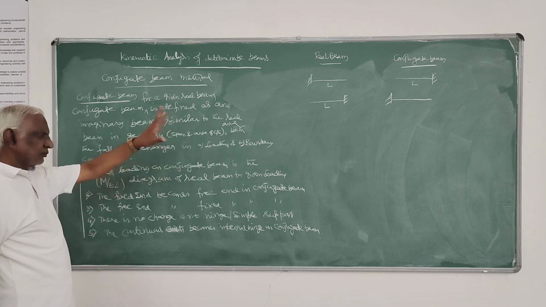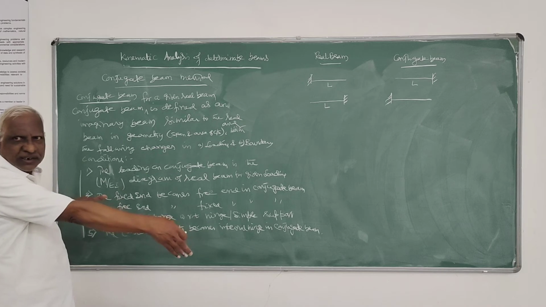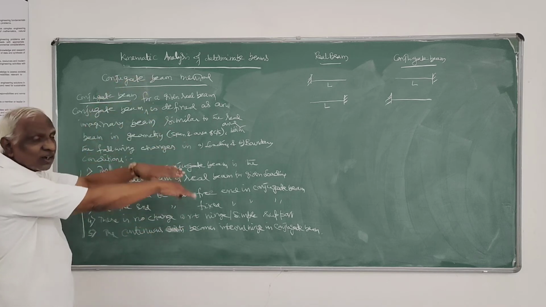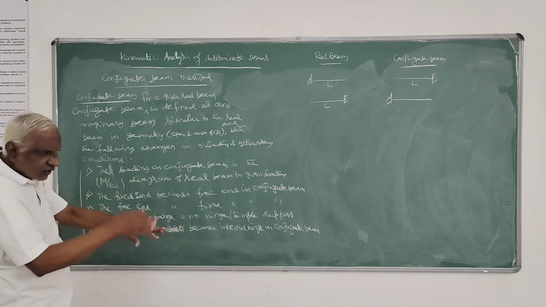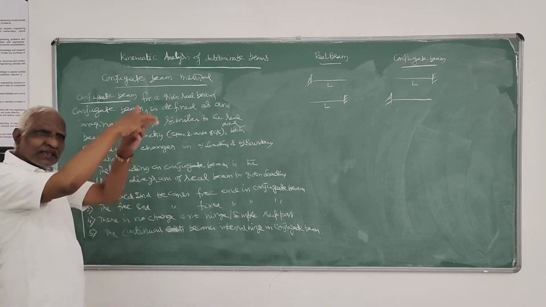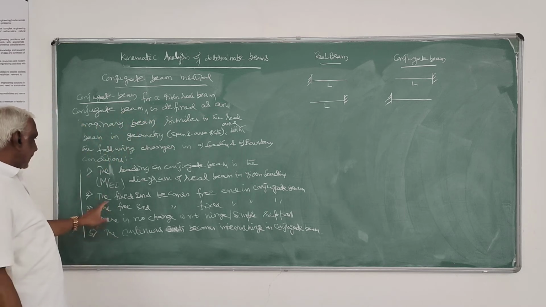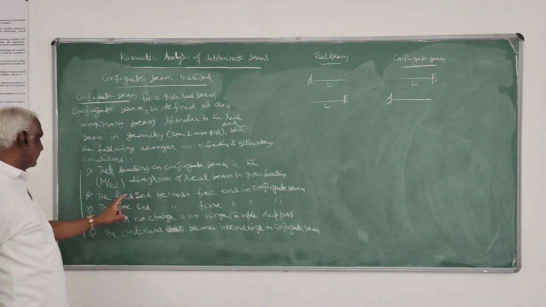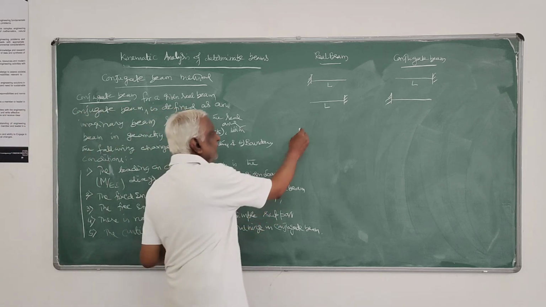The loading, of course, I have not considered, because whatever the M diagram is, which I have already given, you take that and load it on the conjugate beam. For the real beam, whatever load is there, whatever bending moment diagram you get, that you have to load. That's all. Here the fixed end becomes free, the free end becomes fixed, and there is no change in this.